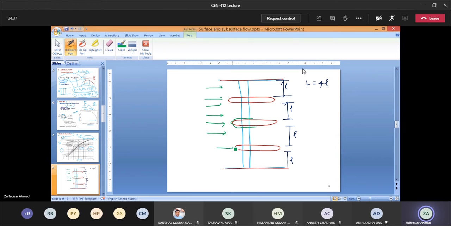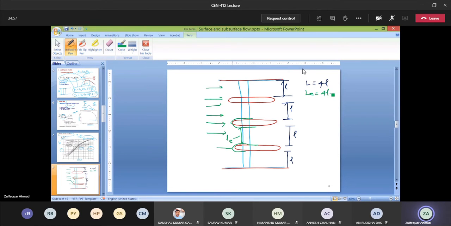From here also you have some flow separation. Then the effective waterway of the flow reduces. So that is the LE. Now this is reduced to LE.